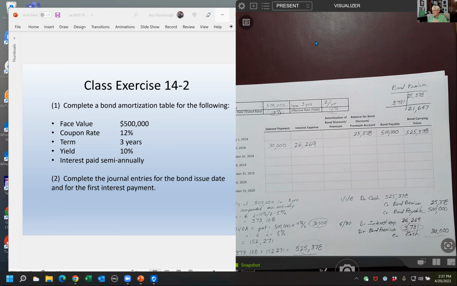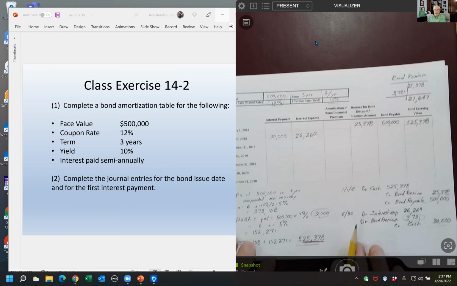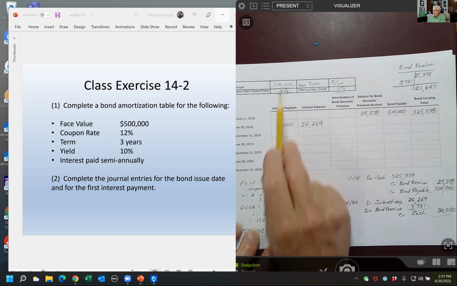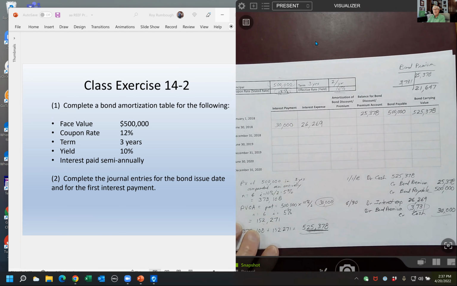Another way, and I know I'm trying to repeat myself a million times, another way of thinking about it is that 25,000 right there. We received cash of 525, and at the end of 3 years, we only pay 500,000. And so we received more cash. That 25,000 is receiving interest up front, kind of, because we're going to pay more out.